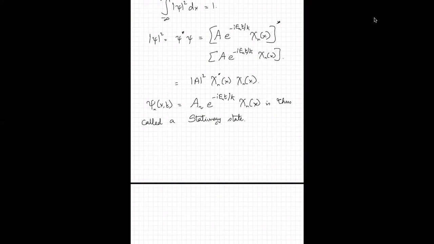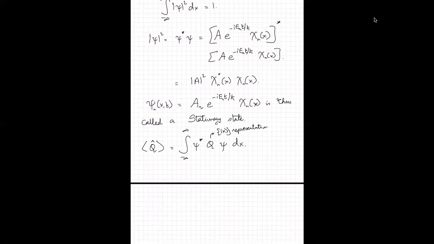Okay. So not just that, if you calculate the expectation value of any observable in this stationary state, let us call the expectation value of any Q, this is equal to the integral of psi star Q psi dx, where this Q is in the x representation. And I'm assuming minus infinity to plus infinity, unless otherwise stated.